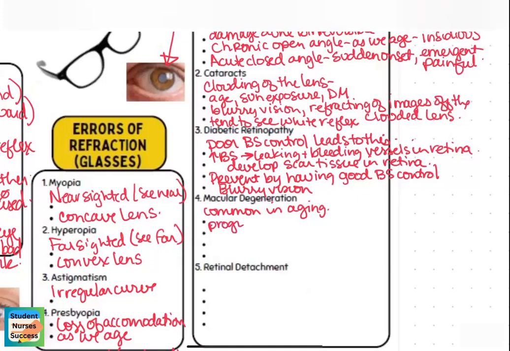So we see this loss of central vision. And it's due to oxidative stress, inflammation, and aging.